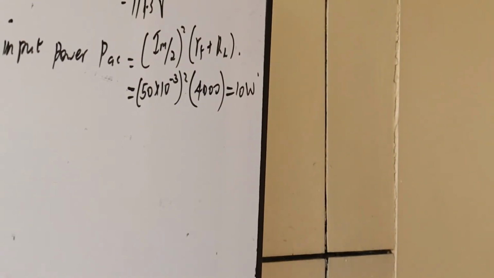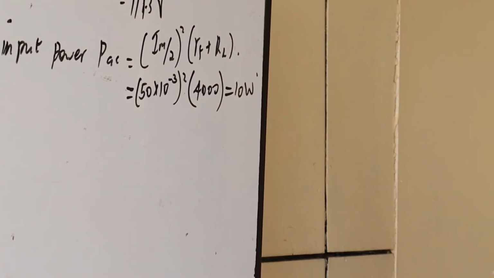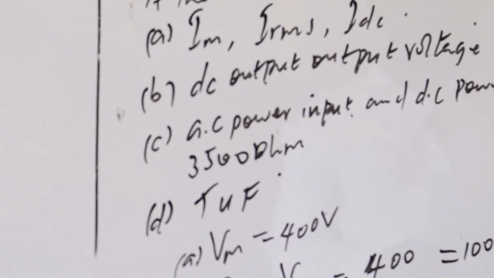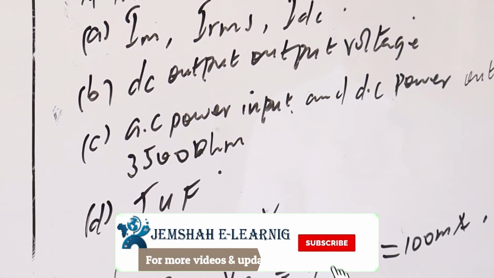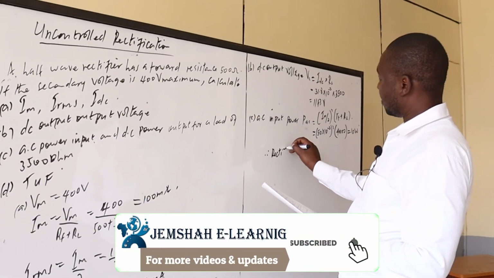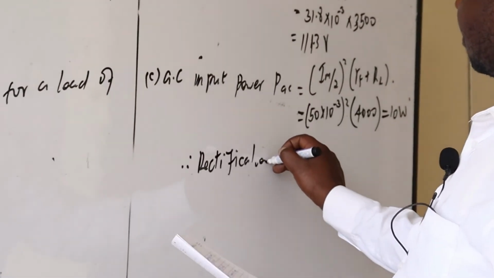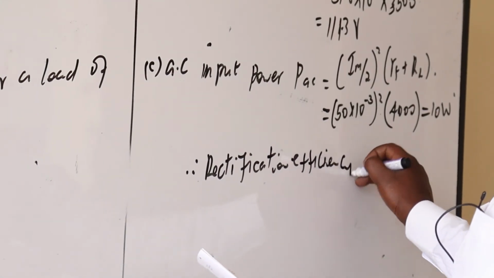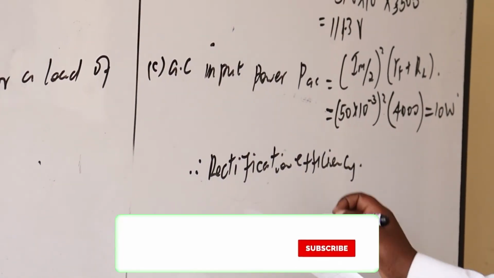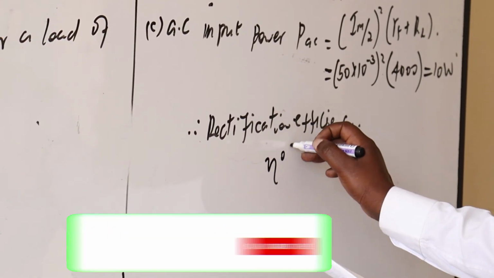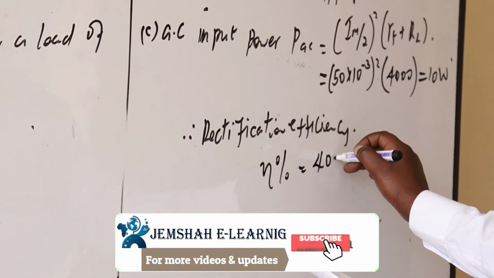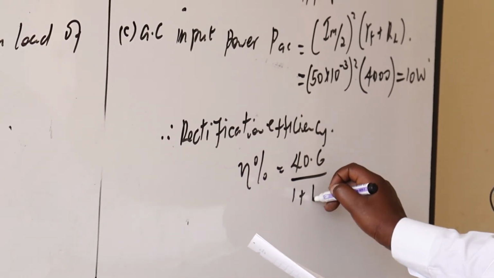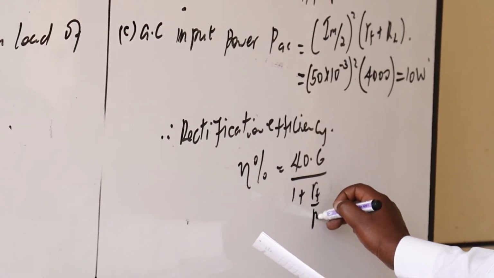Then the efficiency, so therefore rectification efficiency is given by 40.6, we saw that, all over 1 plus RF over RL.